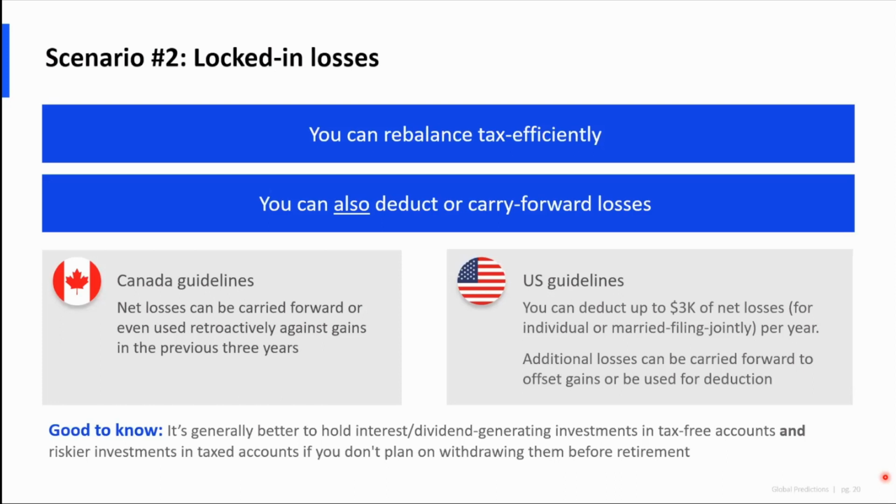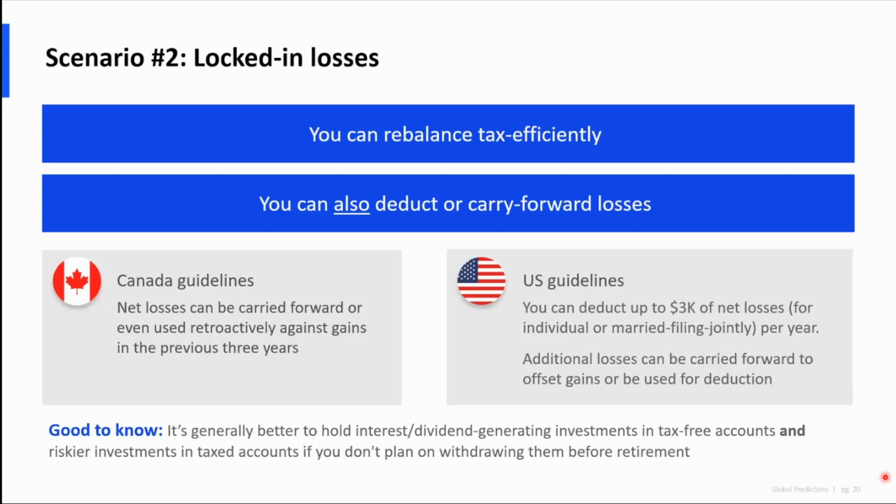So in Canada, for instance, if you've actually paid capital gains in the past 3 years, because you had net gains and were taxed on those, you can realize your losses, or just not do anything in this situation because you already have them. And you can retroactively use them to offset your previous 3 years of gains, up to however many losses you've locked in.